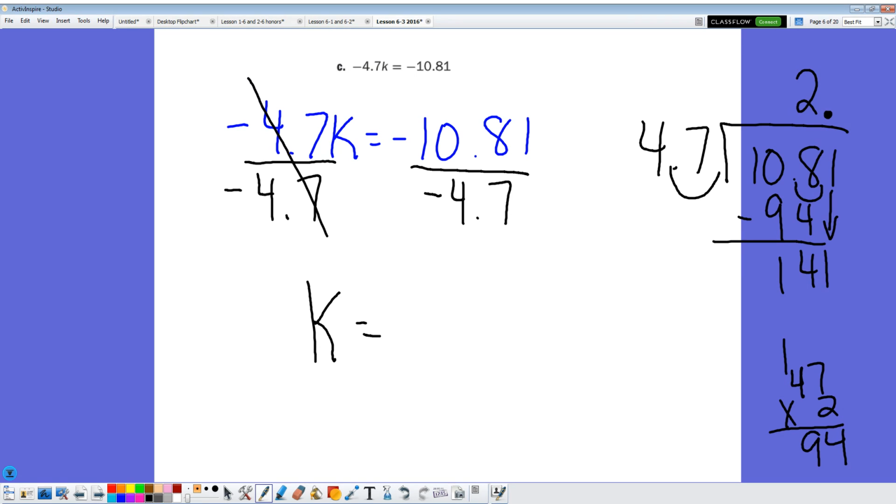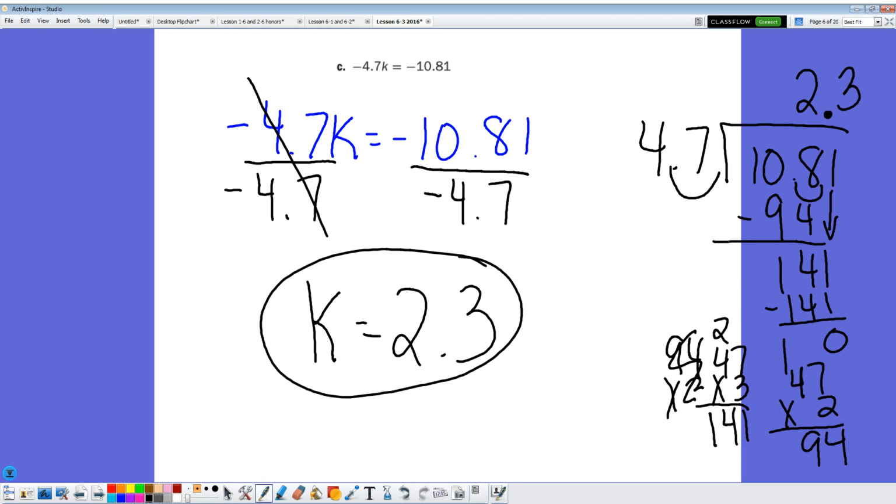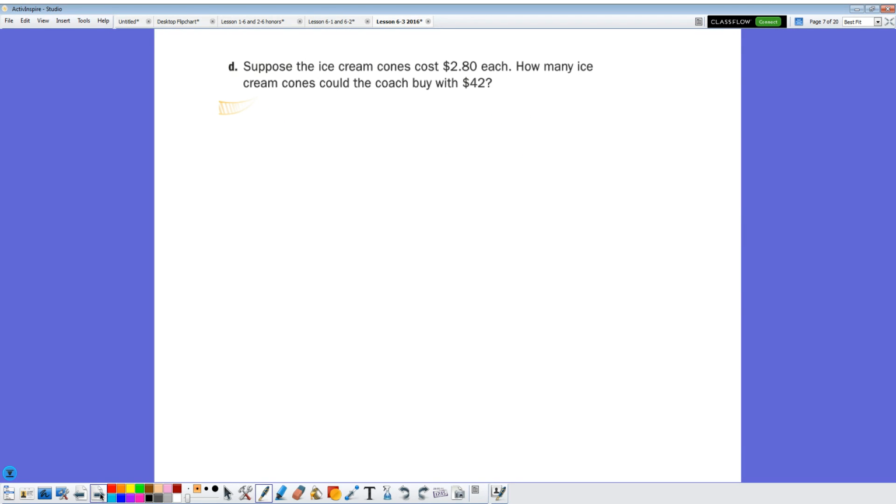I'm going to bring down the 1. Okay, I'm going to try 47 times 3. So 3 times 7 is 21, carry the 2. 3 times 4 is 12, 13, 14. So my answer is going to be 2.3 as my solution.